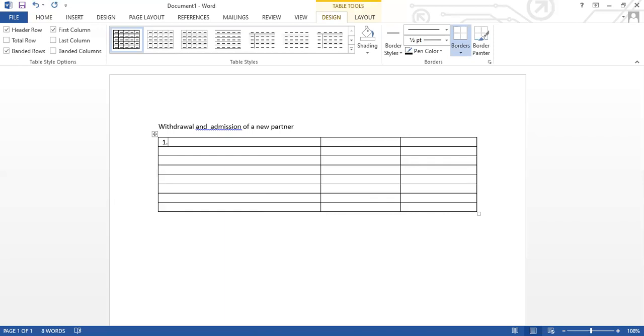So number 1, let's go back to our question. We are told that letter A, goodwill must be revalued at 42,000. And then the general reserve is to be cancelled. What does this mean? Remember the general reserve, we said that this is money reserved, like when you make profit, you don't share the total profit made.